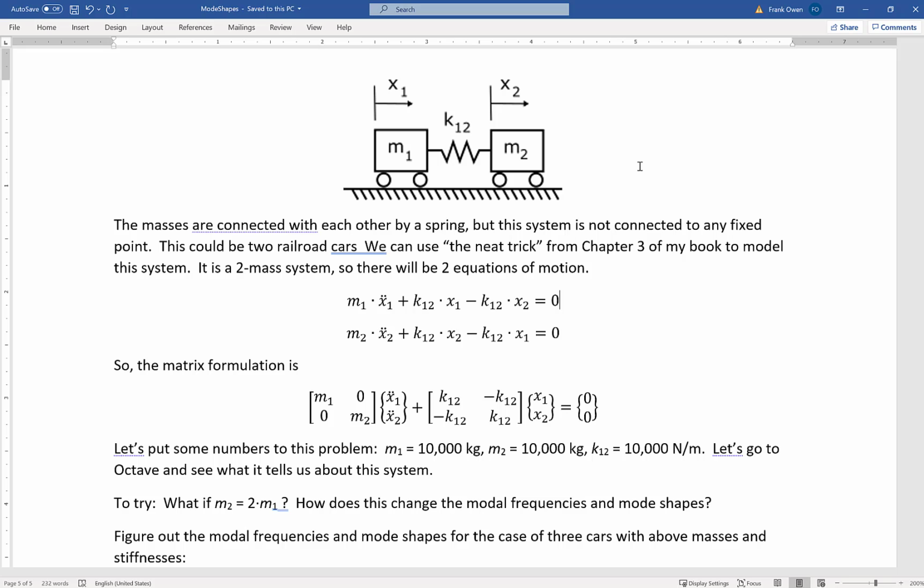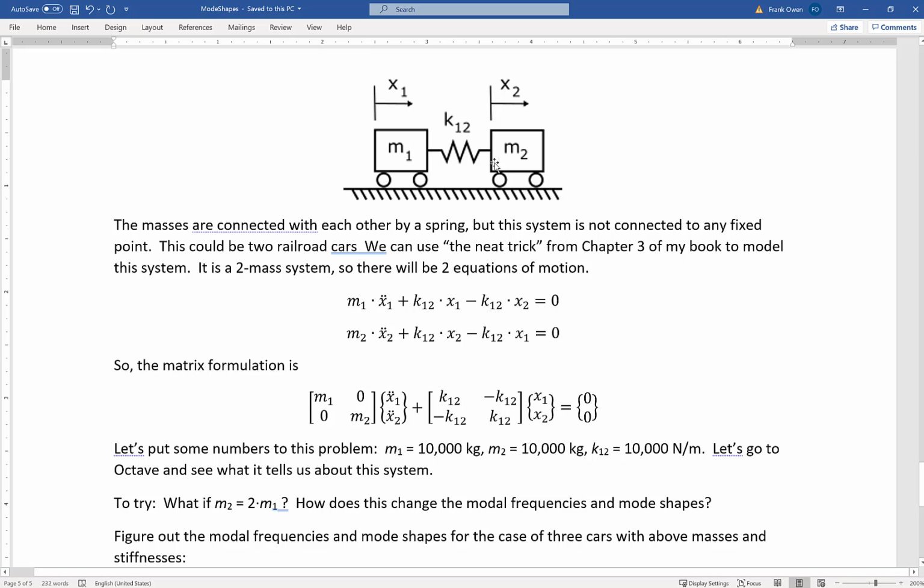understanding real world systems. These masses are connected by a spring. In my book, Control Systems Engineering, A Practical Approach, in Chapter 3, there's a procedure given for developing the equations of motion for all sorts of systems, one of which are MCK systems, or MK systems, which are mass damping spring systems, or just mass spring systems if you have no damping.